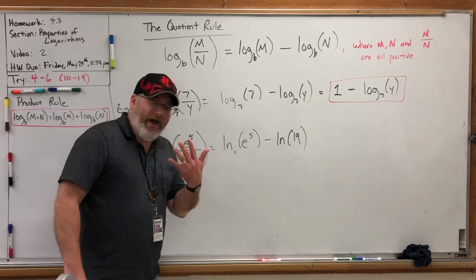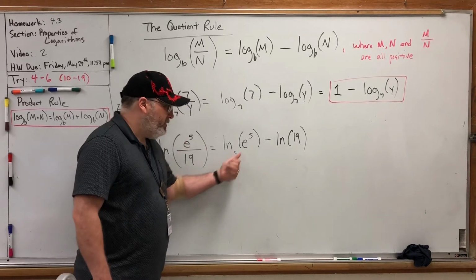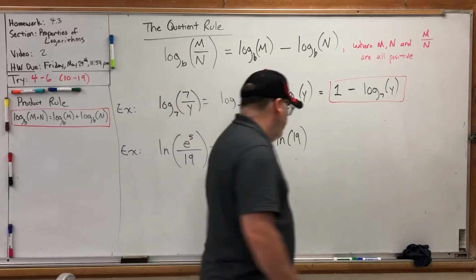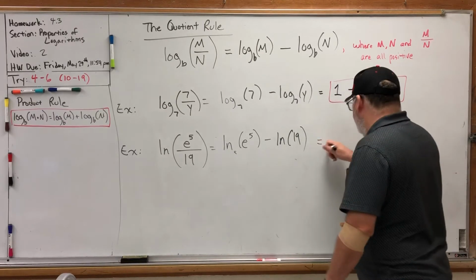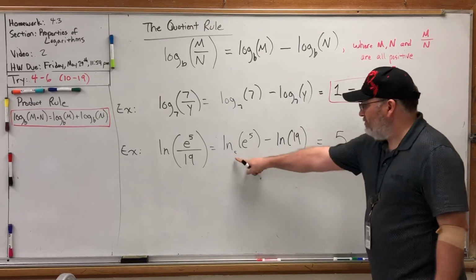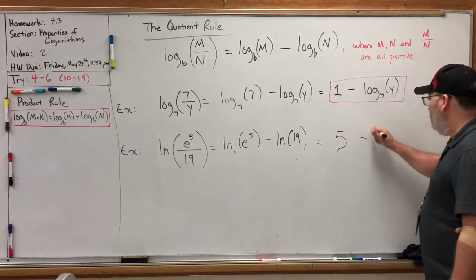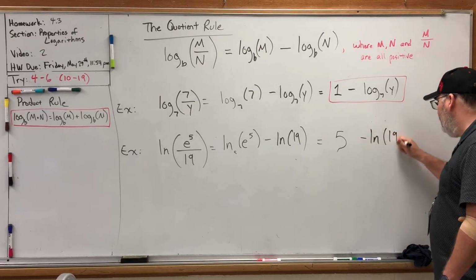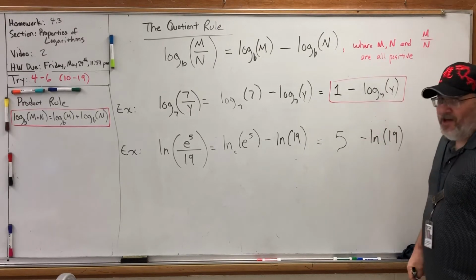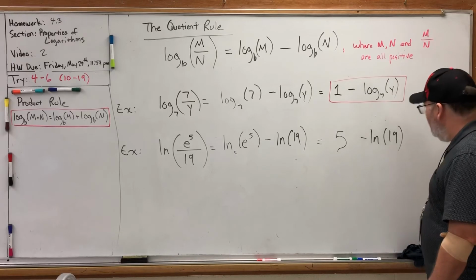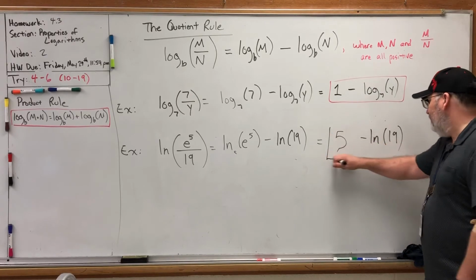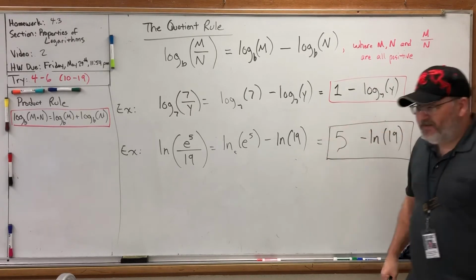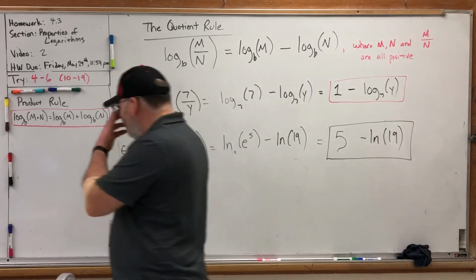Well, a 5th power turns e into e to the 5th power. In other words, the value of the first logarithm is just 5. That's the power that turns the base into the argument. Without using a calculator or calculus and a lot of arithmetic, we're not going to get an answer to 5 minus the natural log of 19, so that's where that problem would stop.